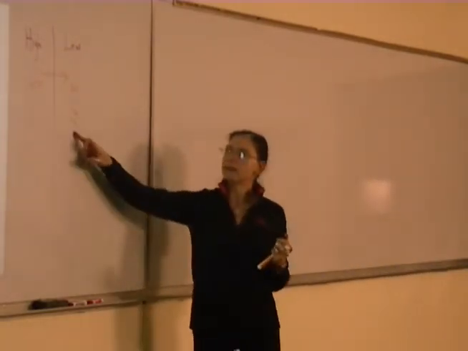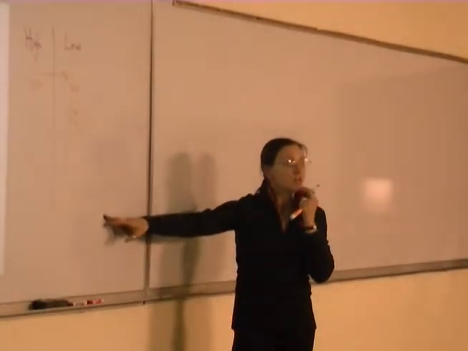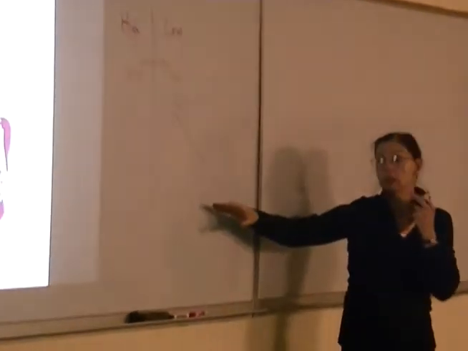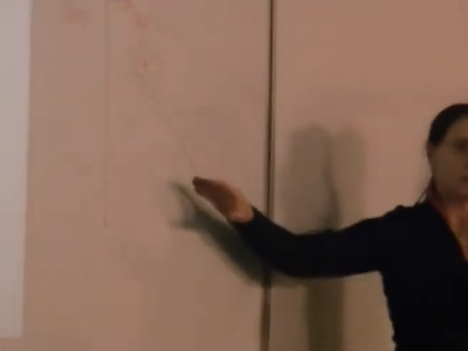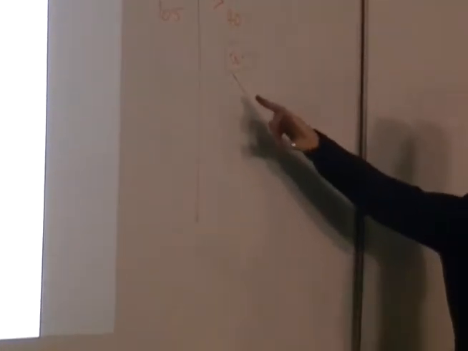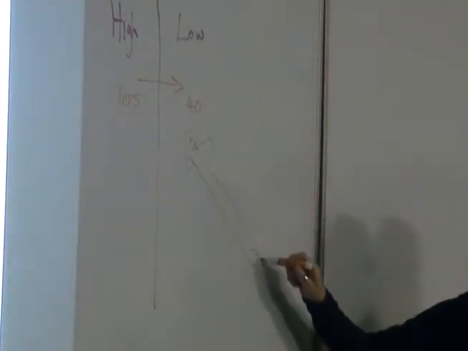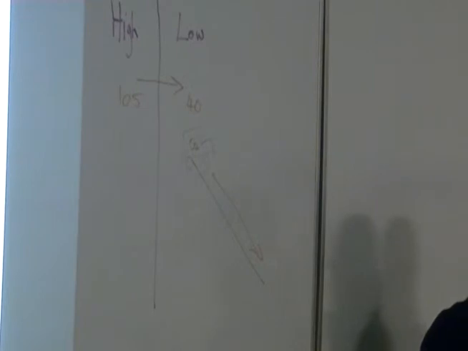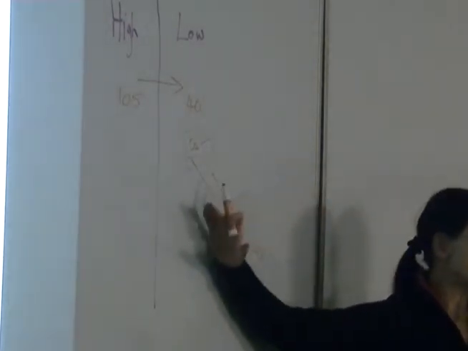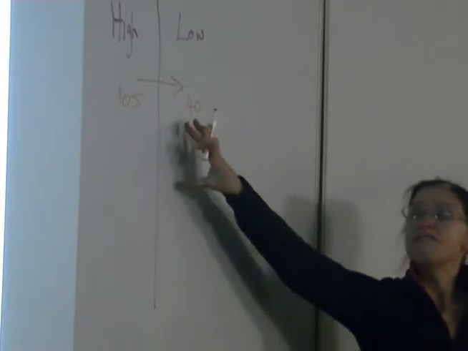So the pressure gradient is the hill. So the steeper the hill, the steeper the pressure gradient. What happens when I take the handbrake off this car? Rolls down the hill, right? How quickly does it go down the hill? Fast, right? So the steeper the pressure gradient, the faster I can move oxygen across that membrane.